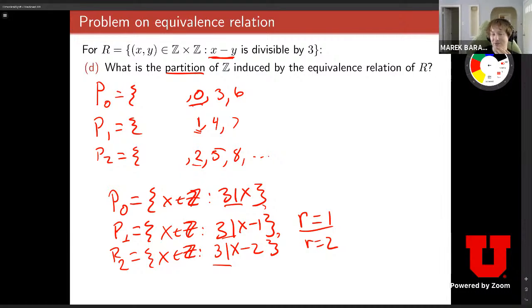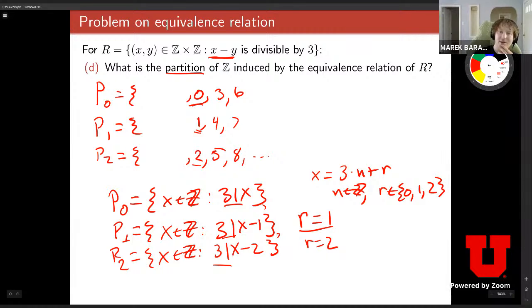And the division theorem also tells us that every integer equals 3 times n plus r, where n is an integer and r is in 0, 1, or 2. So this is a partition of the integers. Any questions on that?